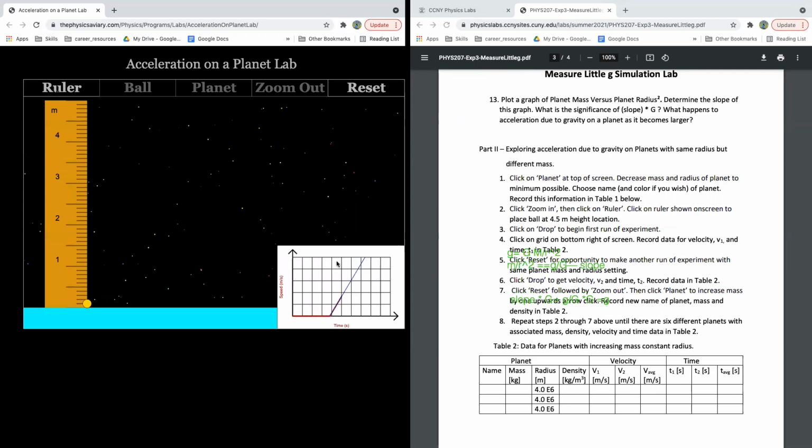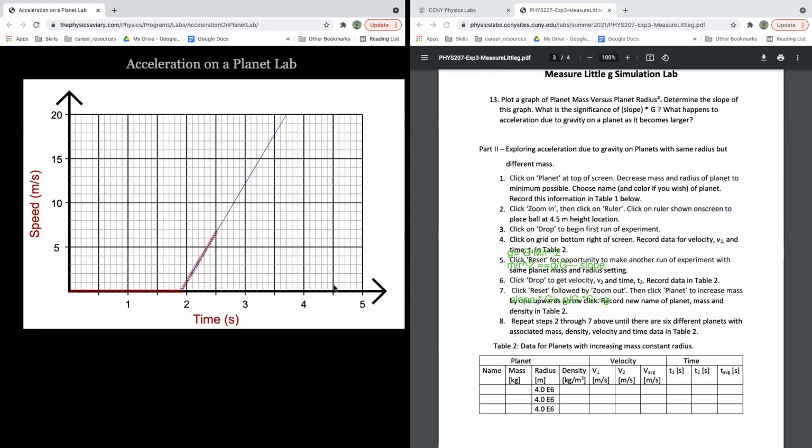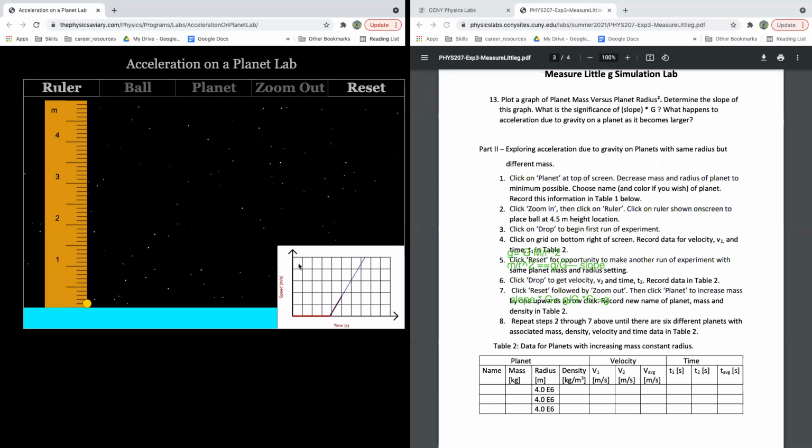When you click this one, it just will zoom out, zoom in, and when you click it one more time, it zooms out. Okay, so then you click reset, and then you can change the balls, change the planet. Let's see what they want us to do. Planet and decrease the mass.